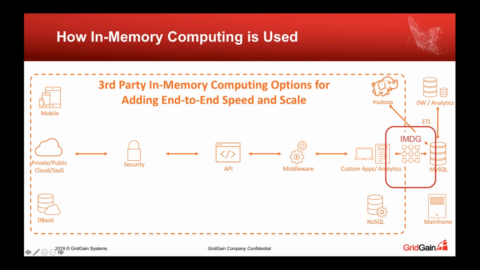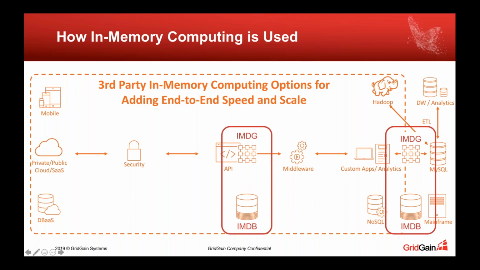But in-memory computing, while it may start between the application and database, expands into other places. On the one hand, it expands as an in-memory data grid and gets used with APIs. It expands in that you can turn on an in-memory data grid to be an in-memory database, or you can install an in-memory database to handle all the other data ingestion that may not be stored in MySQL.